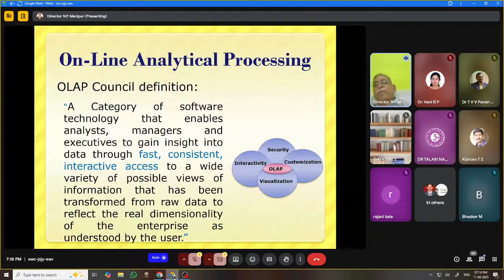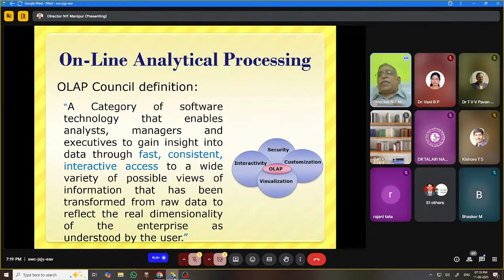Okay. So there is a council called the OLAP Council. This council has formally defined OLAP as a software engine which has several properties like security, interactivity, customization, and visualization. All these four properties are integrated through a structure. OLAP is a structure.